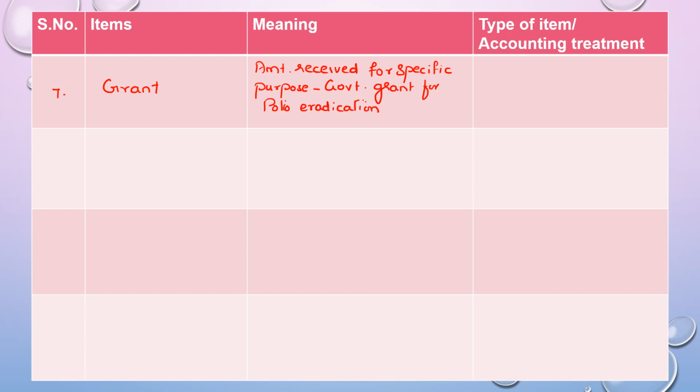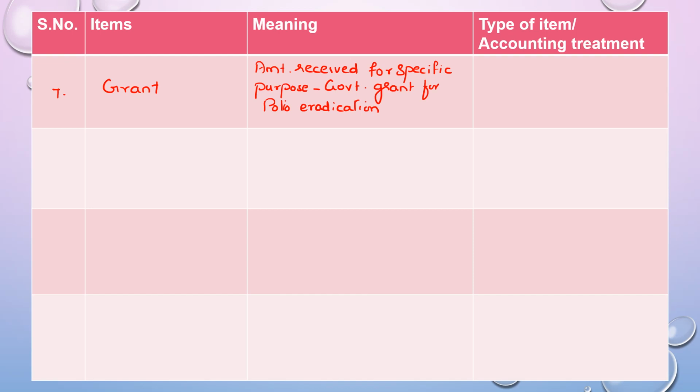In this case, the government gives to the hospital, which is a charitable hospital, a grant of a certain amount. The NPO receives that amount. It can utilize that amount received from the government only for the purpose of polio eradication, that is, for administering those drops to kids below 5 years. So only for that purpose it can be utilized.